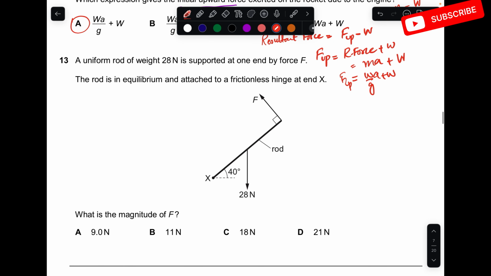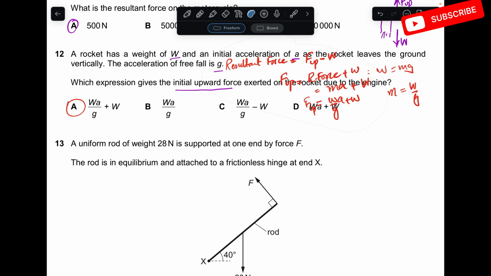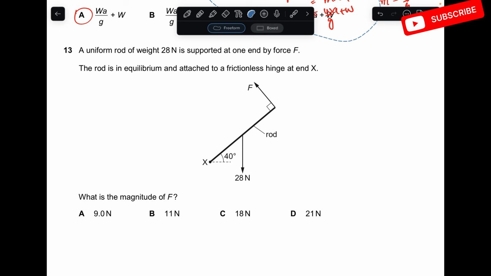Question 13. Let me move this thing up so we can have space for the working. A uniform rod of weight 28 is supported at one end by the force F. The rod is in equilibrium and attached with a hinge. What is the magnitude of the force? The main point is it is in equilibrium. There are two forces. One force is this and the other force is this acting on it.